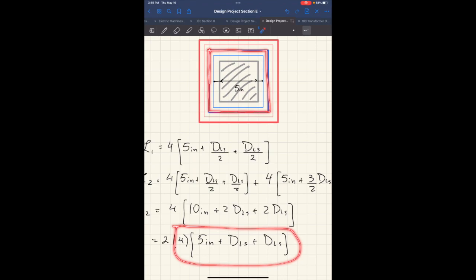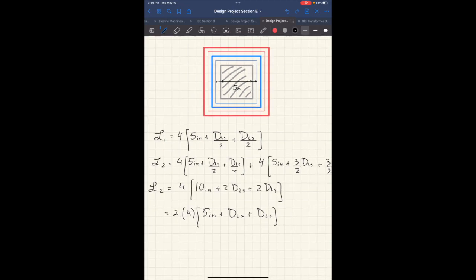Okay? So in other words, to find the length of 2 layers, pay attention, to find the length of 2 layers, you need to find first the length of the midpoint between the 2 layers, okay, which is the 4 times this whole thing. And then you got to multiply by 2 because there are 2 layers. Okay? So let's make a note of that. 2 is corresponding to the number of layers, right?